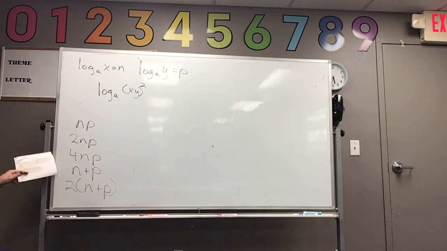So whether you pay attention to the options or just tackle it straight, which part should we simplify first? What should we do first?